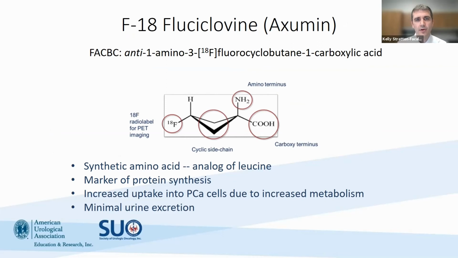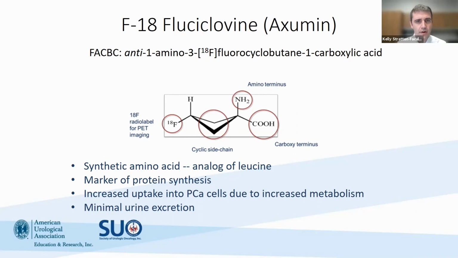Now, probably the most widely available current next generation imaging is the Axon scan or F18 flucyclovine. Again, this is a synthetic amino acid. It's a marker of protein synthesis, so it has increased uptake in prostate cancer cells. It has minimal urinary excretion, so that's one thing that may make it easier to detect recurrences in the pelvis.